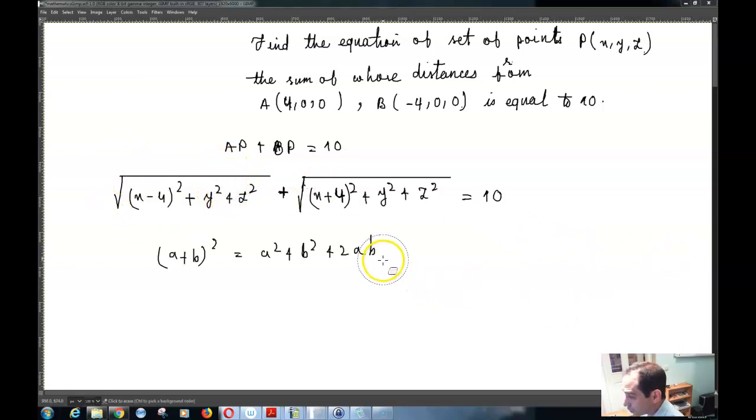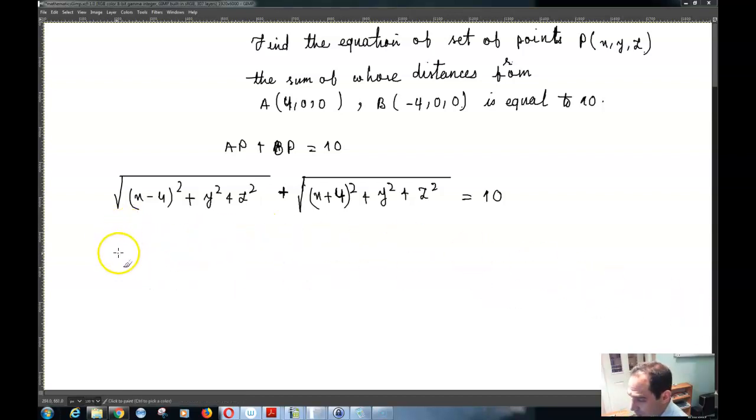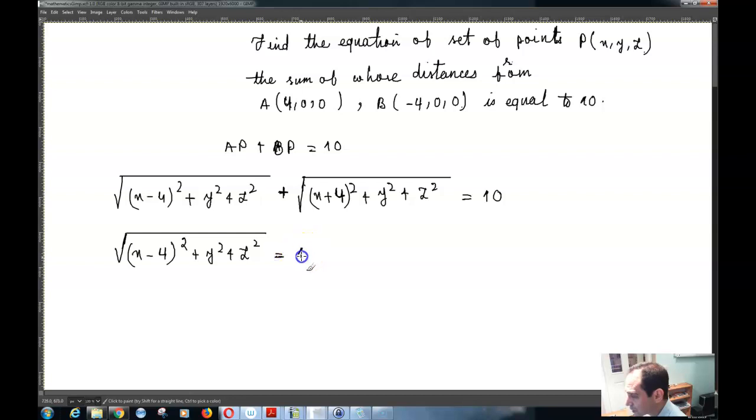So in order to avoid that, what you want to do is write this equation as the square root of (x minus 4) whole squared plus y squared plus z squared equals 10 minus, and take this to the other side of the equation, the square root of (x plus 4) whole squared plus y squared plus z squared.